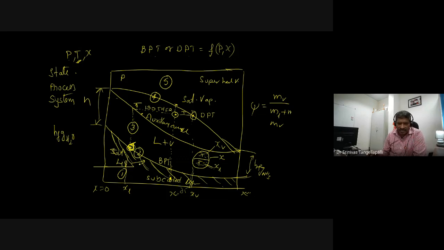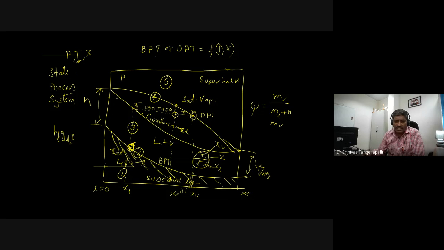Take this temperature, which lies between the bubble point temperature and dew point temperature, take the corresponding saturated liquid curve, identify a point, and draw a vertical line till the auxiliary curve. That is the significance of this auxiliary curve.